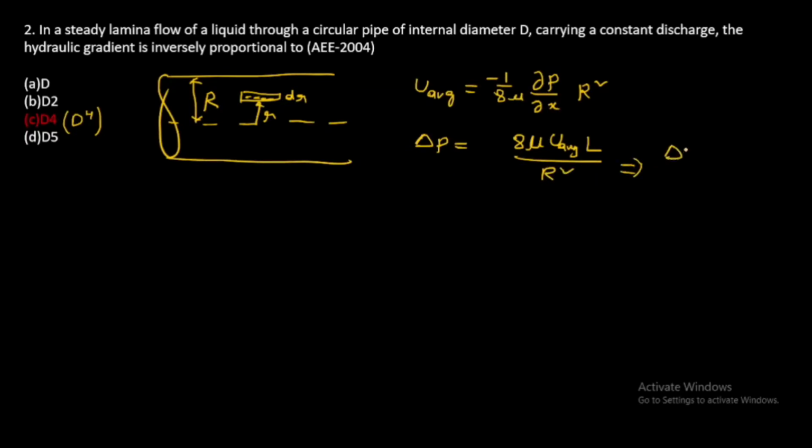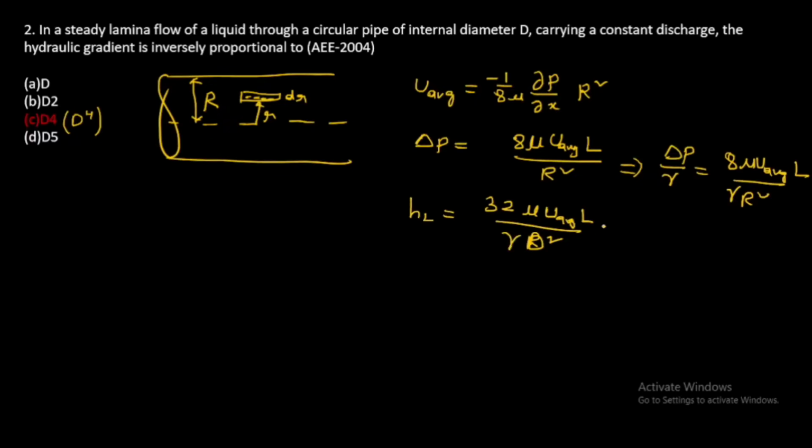Further write it as delta P by gamma is equal to 8 nu average L by r square into gamma. This delta P by gamma is equal to head loss is equal to 32 nu average L by r square. If we convert r in terms of d, then we will get this expression.